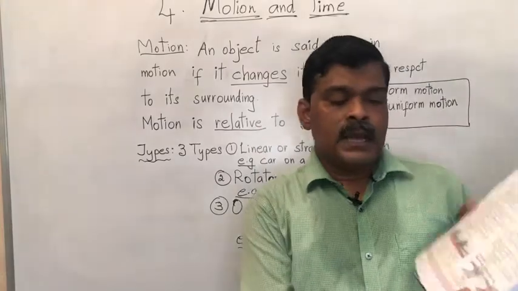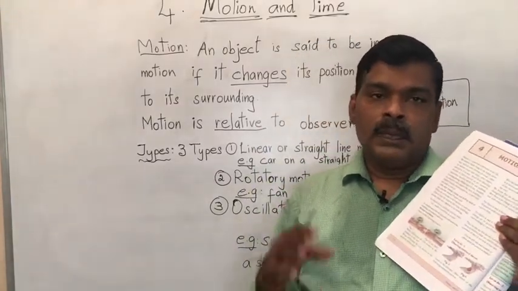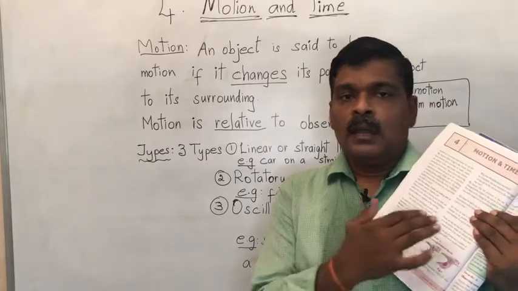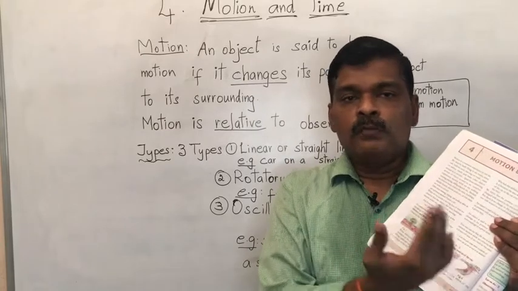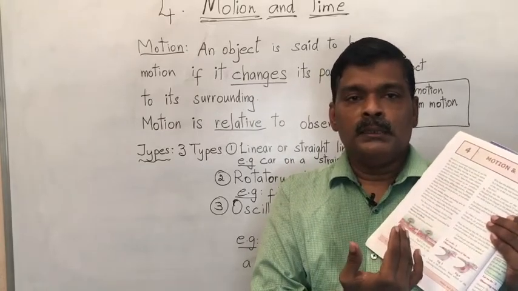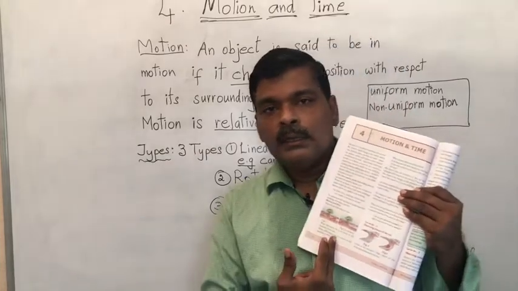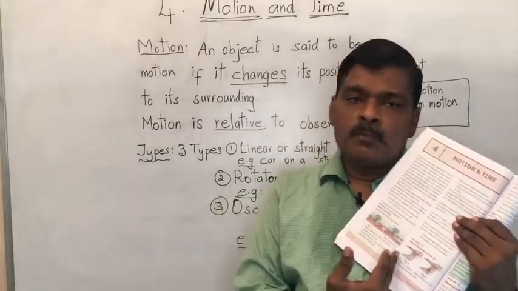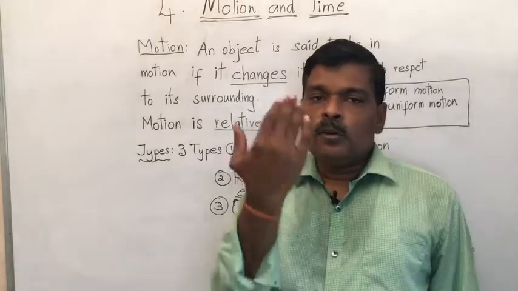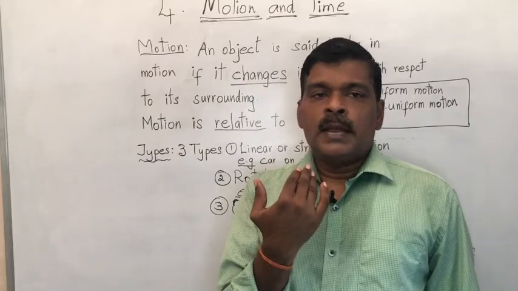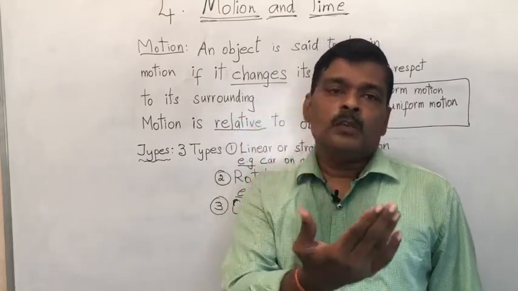In the next diagram, on a curved path a building is there, and a car is coming before that building, approaching that building and then after that building. Two different diagrams are given. In that diagram they explain the motion with respect to the surrounding. The first diagram showed the car's position before that building.